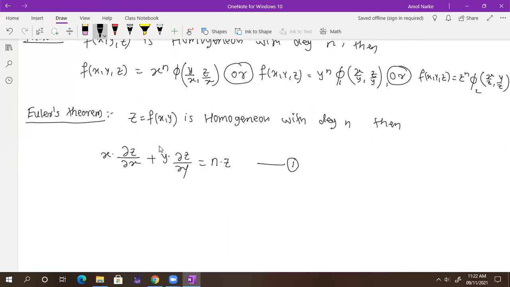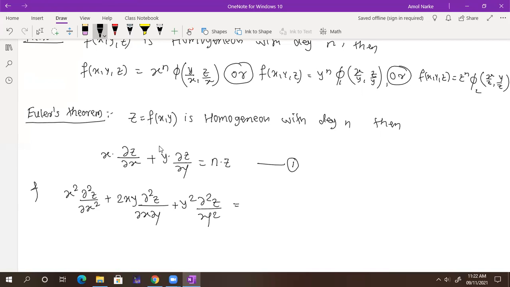And x square into ∂²z/∂x² plus 2xy ∂²z/∂x∂y plus y square ∂²z/∂y².